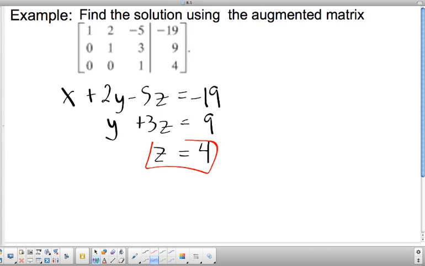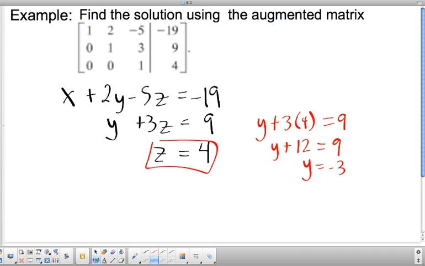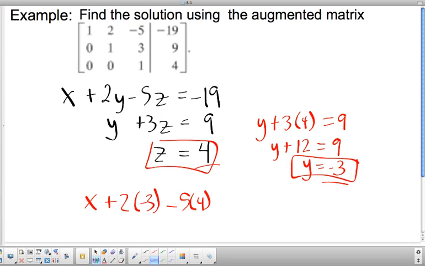So what I would do now, since I have one of the 3 variables, is plug it into the second equation: y plus 3 times 4 equals 9. And I will get -3 for y. So I have the second part of my solution. Now, of course, I'm going to take both these answers, 4 and -3, and plug them into the first equation to find x. x plus 2 times -3 minus 5 times 4 equals -19.